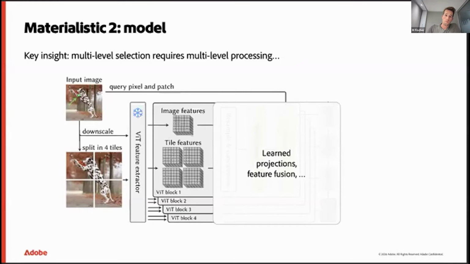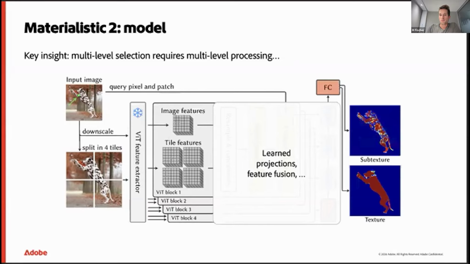But the point is, after you've done all this fusing and projecting back and forth and so on, you can just use a simple linear layer to decode back into image space. Importantly, in 2 modalities, right? So you have texture and subtexture, which is precisely what we wanted.